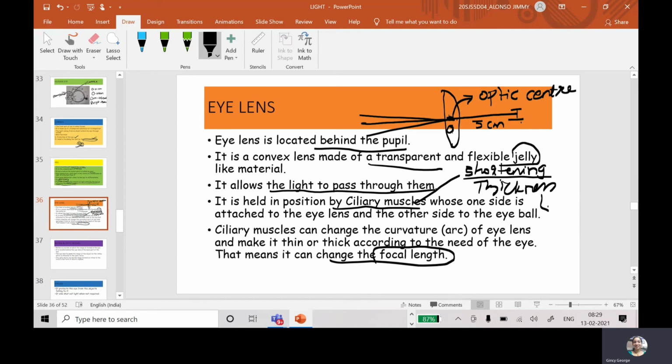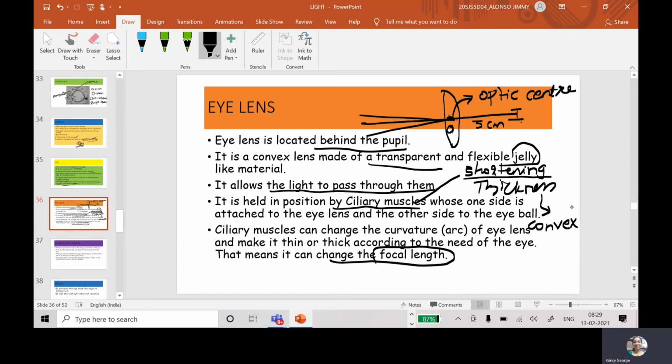Thickness is the feature of a convex lens. Okay, a convex lens has thickness in the center.